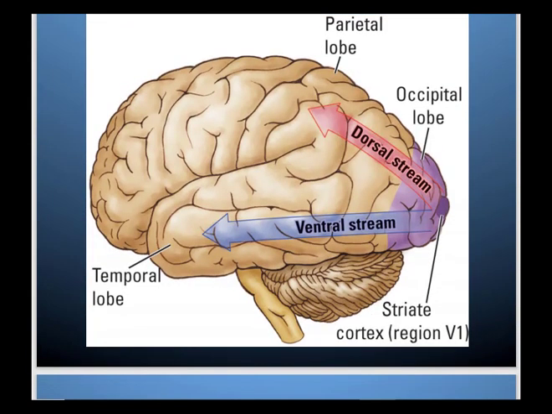This is just it in picture form. The information coming from the occipital lobe is processed in two different ways because you need two different kinds of information about it. You need how, or sort of where, and then you need the what kind of information in the ventral stream.